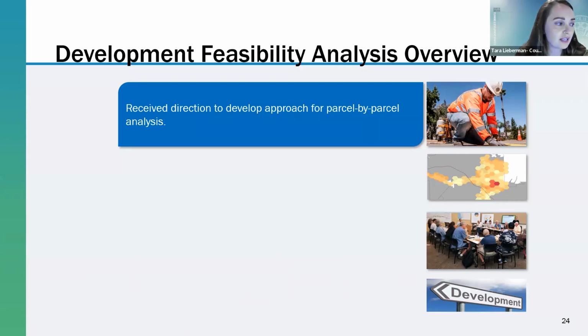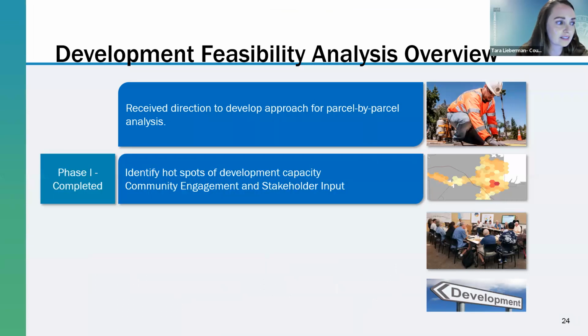So the first phase of the development feasibility analysis has been completed and consists of identifying concentrations of vacant or redevelopable parcels, otherwise known as hotspots, that could be developed. The second phase will be consultant-led and will ground truth the analysis conducted in the first phase and will bring stakeholders together to better understand the different barriers and different solutions that are needed to encourage development in these areas.